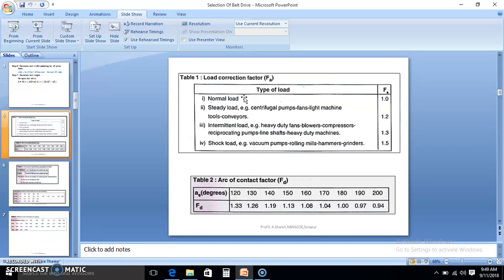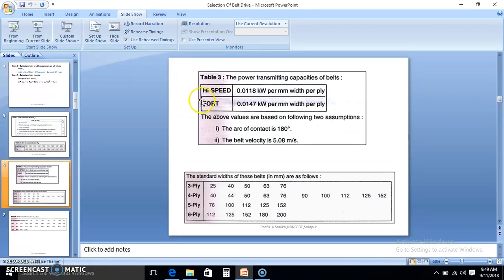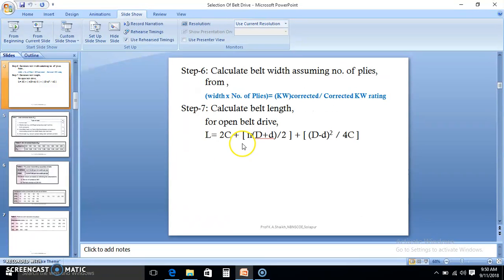So for the selected 4 plies, suppose we have 189 mm as the width, but in the table 189 mm is not available. So we cannot go for 4 plies. Then select 5 plies. For 5 plies, you divide the whole right side by 5 and you will get a certain width.